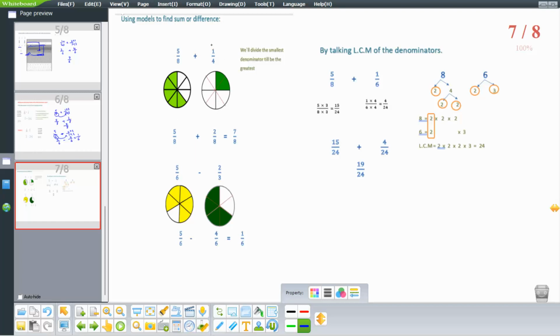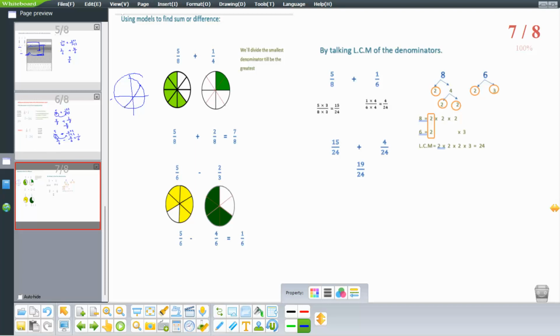Here we have a quarter, and we divided it into 4 parts. But here we have 8 parts, so we must divide it again to be 8 parts.